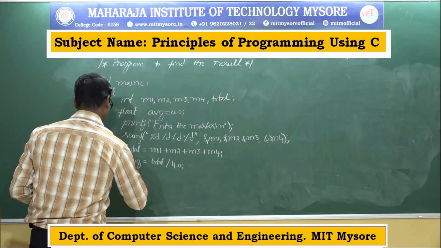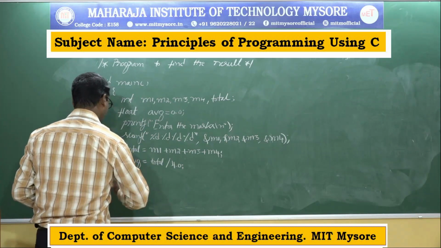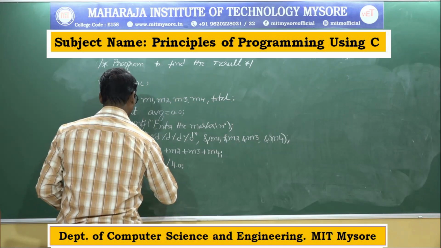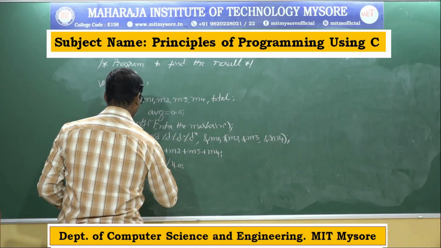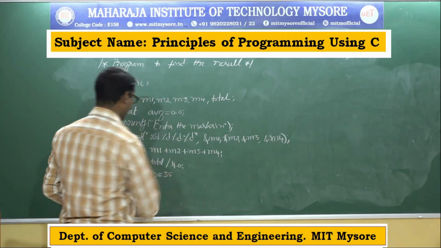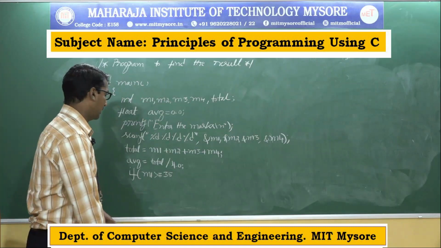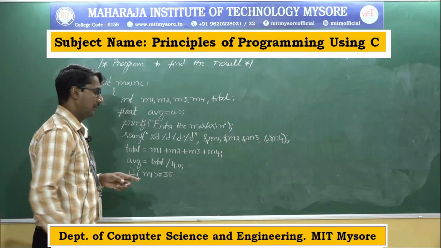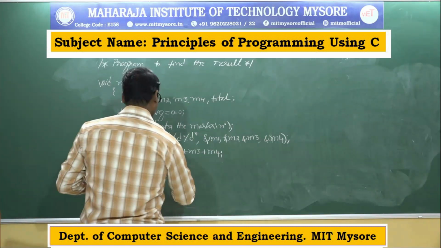To check the result, first we verify if M1 greater than or equal to 35. Here every subject must be greater than or equal to 35, so we use AND operator.